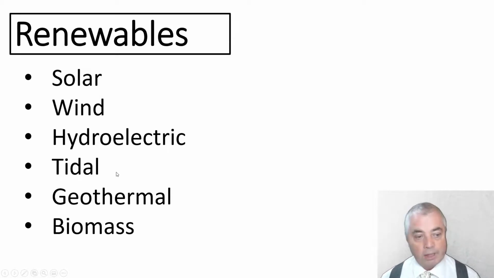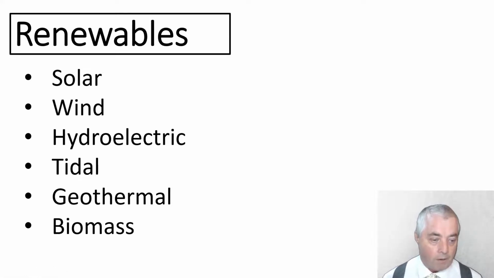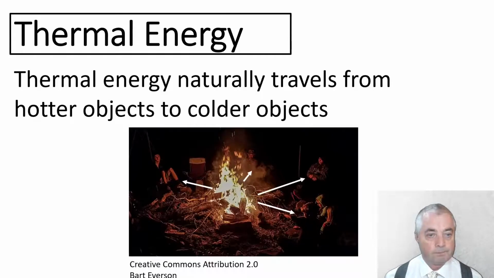Tidal energy, where you use the energy of the tides. Geothermal energy, which is using heat under the earth. And then biomass, which is using energy from living things. So, for example, if you grow trees and then cut them down and burn the wood in order to generate electricity, that's a biomass renewable energy source. So that's how we generate electricity.